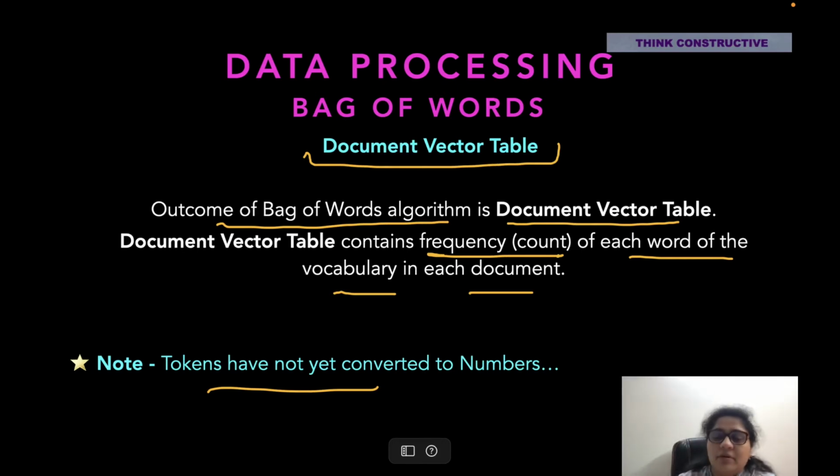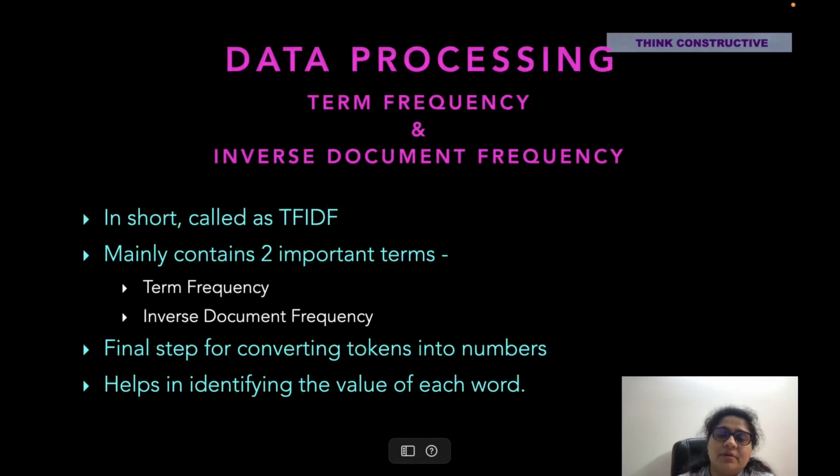Okay. So we'll move from here. Now the next part of this session is term frequency and inverse document frequency. In short, TFIDF. All right. In short, we call it TFIDF, term frequency and inverse document frequency.